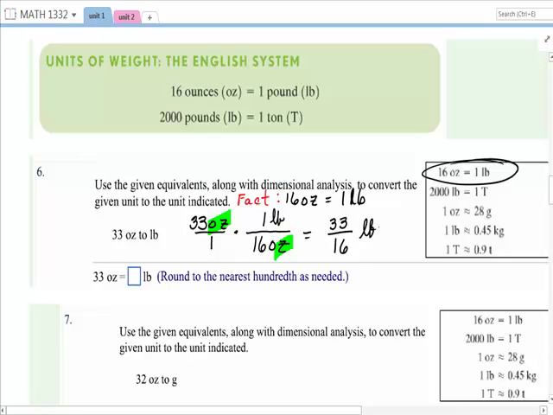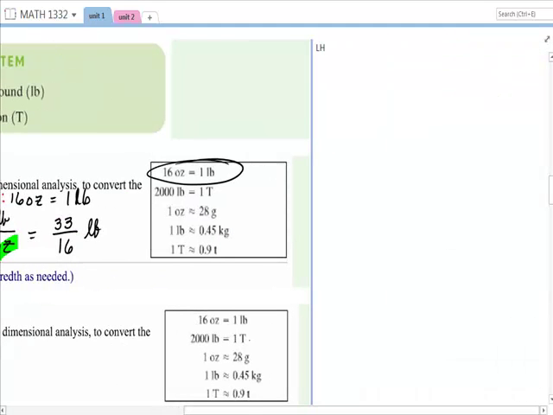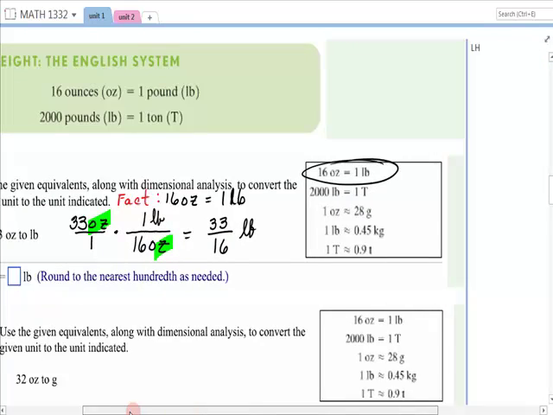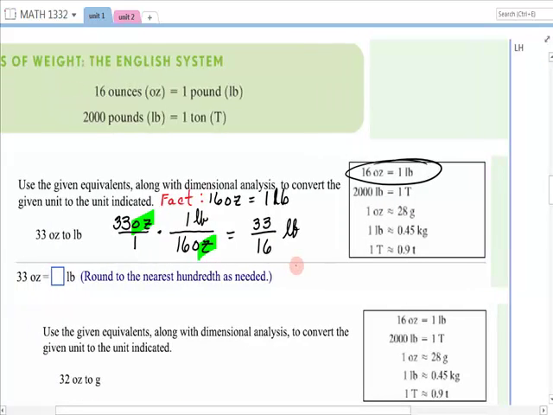Now I'm going to read these instructions right here. They're in blue, and it says round to the nearest hundredth as needed. So I know it wants a decimal answer. On my calculator, I do 33 divided by 16. I get 2.0625.